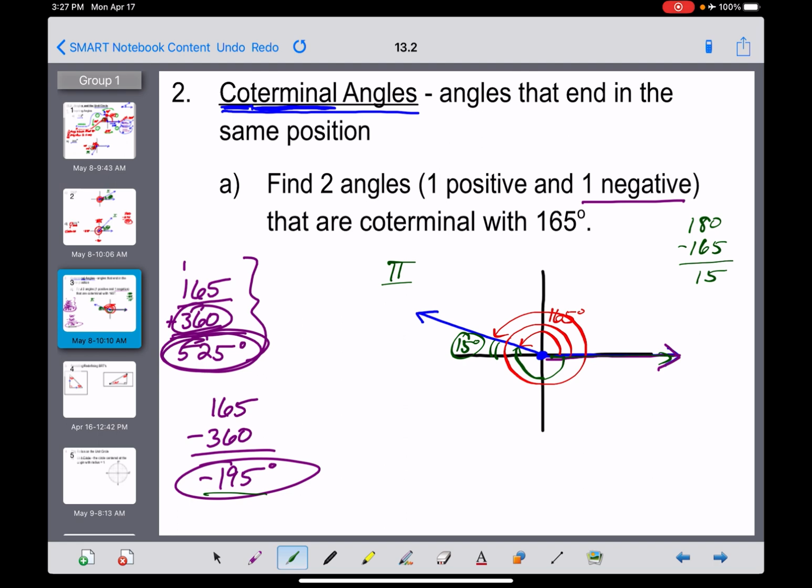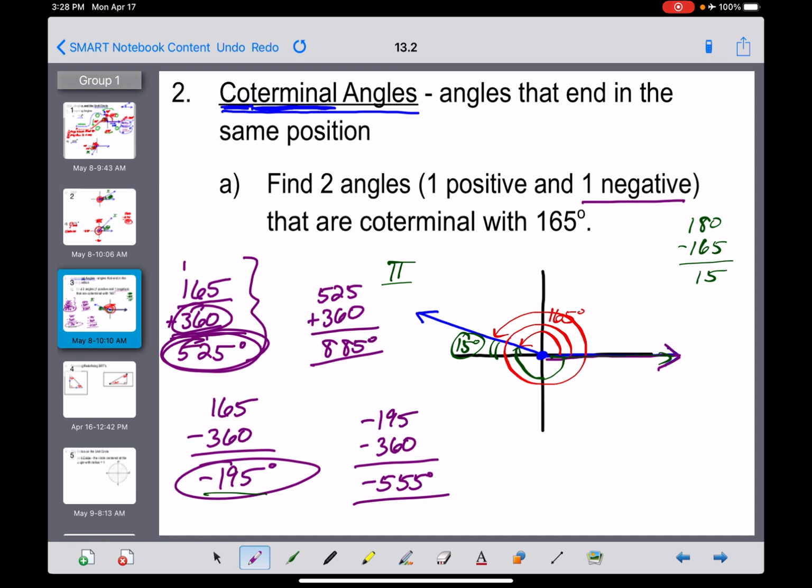Now, guys, these are not the only coterminal angles. You could keep going by taking 525 and adding 360 to that, and that would get you 885 degrees. That's yet another coterminal angle, and you could just keep adding 360. Or we could take negative 195 and subtract 360 from that, and that would get us negative 555 degrees, yet another negative coterminal angle.